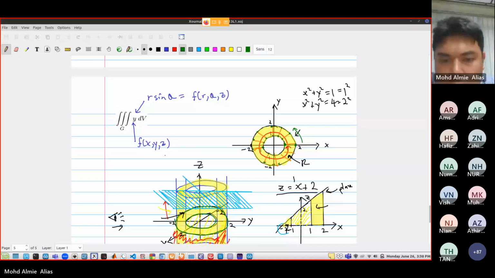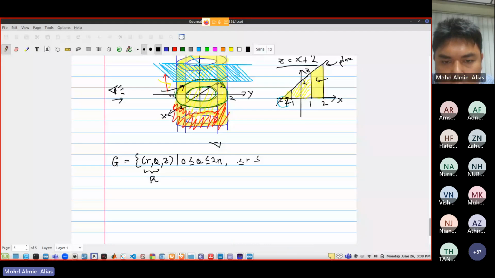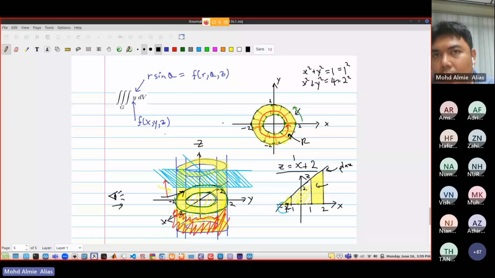So here r is from 1, and not from 0. If r were from 0 to 2, you would have a full circle, but now it's not a full circle, it's an annulus. I'm sorry, I sometimes mix this up. A donut in 3D is called a torus, but in 2D it is an annulus.